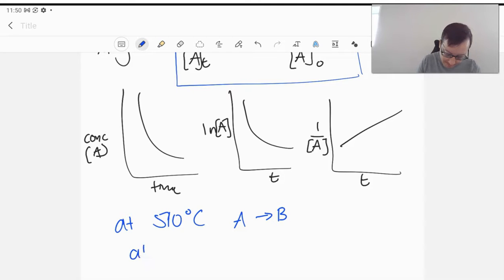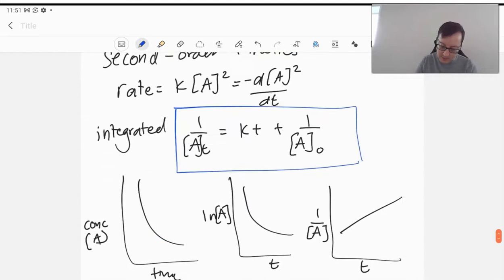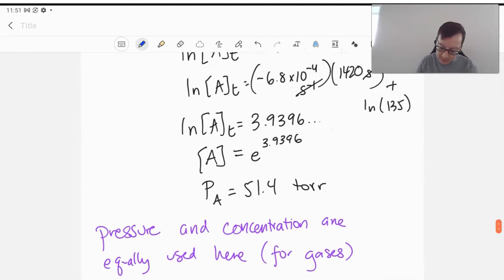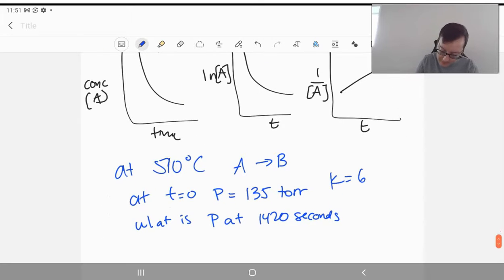At time 0, the pressure is 135 torr. What is P at 1420 seconds? And k was, let's scroll up and use the same values because I'm lazy, 6.8 times 10 to the negative 4.